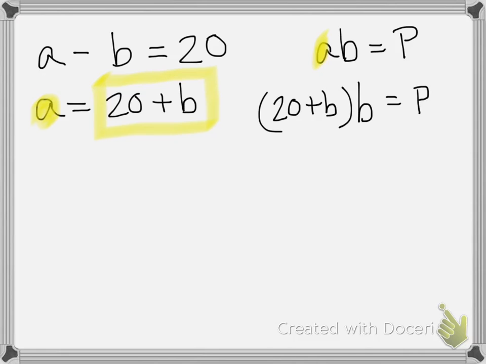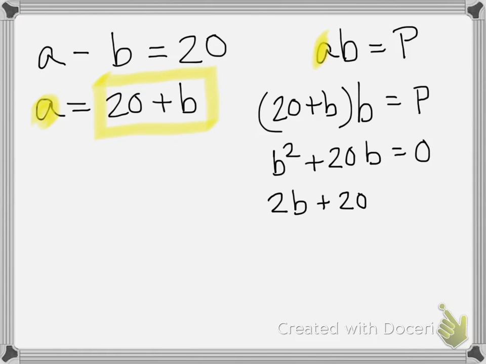And so then we take the derivative, or well, multiply through first. We get B squared plus 20B is equal to our product. So take the derivative of that, and we'll get 2B plus 20, and set that equal to 0.